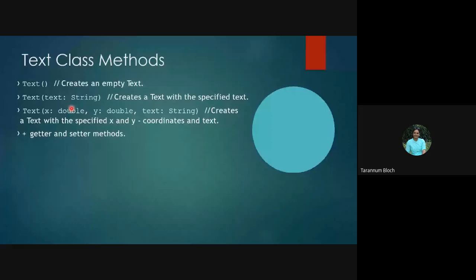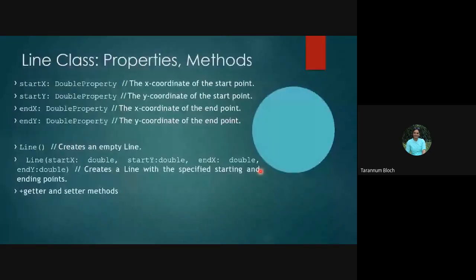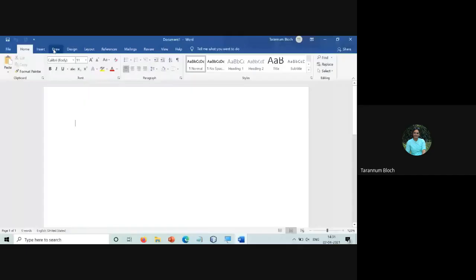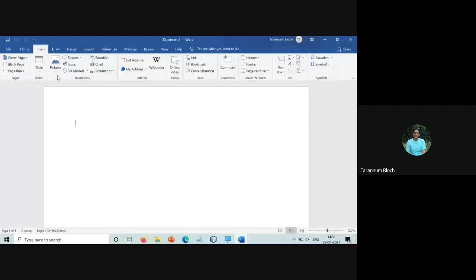Now we're talking about the Line class. Can anyone define or guess what could be there in the Line class? Consider this is your scene, and you are drawing a line.